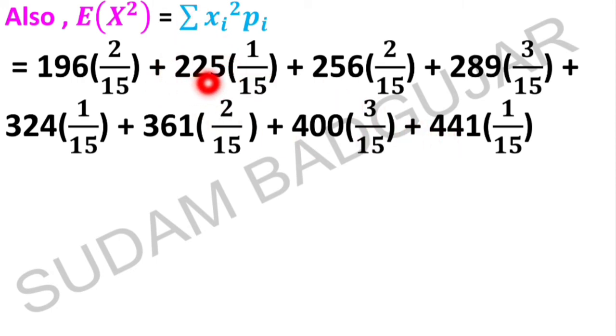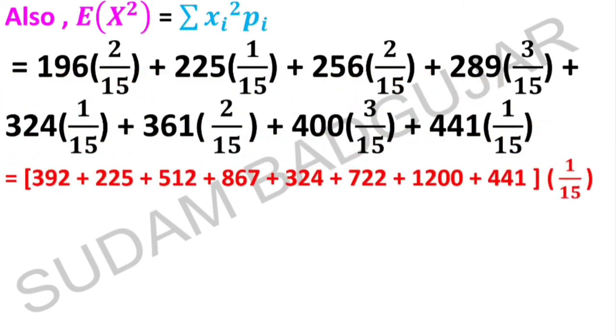See, the 15 square is 225 into 1 upon 15. Then 16 square is 256 into 2 upon 15, and so on. The last value is 21 square, which is 441 into 1 upon 15. So taking 1 upon 15 common, you will get in a bracket 196 into 2 is 392 plus 225 into 1 is 225 plus 256 into 2 is 512.